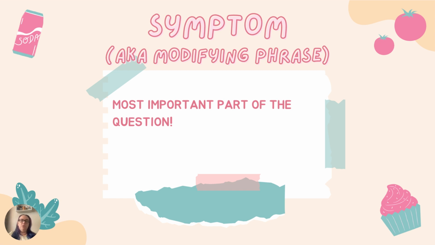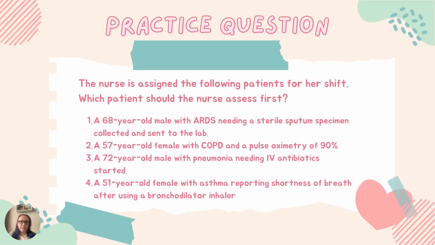Then it's going to give you the symptoms that the patient is having, also called a modifying phrase. This is the most important part of the question. Again, the modifying phrase, also called the symptoms, is the most important part of the question.